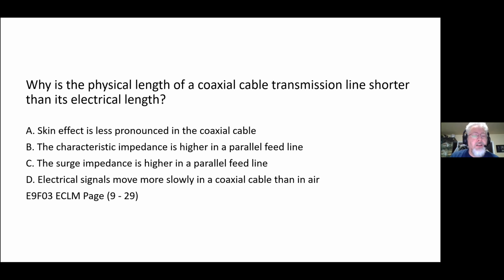C, surge impedance is higher in a parallel feed line. D, electrical signals move more slowly in a coaxial cable than in air. Delta. Delta is correct. The electrical signals move more slowly in a coaxial cable than in air.